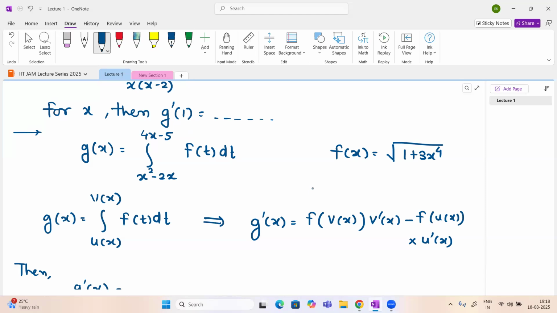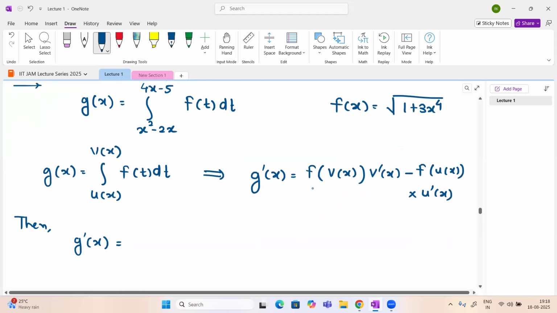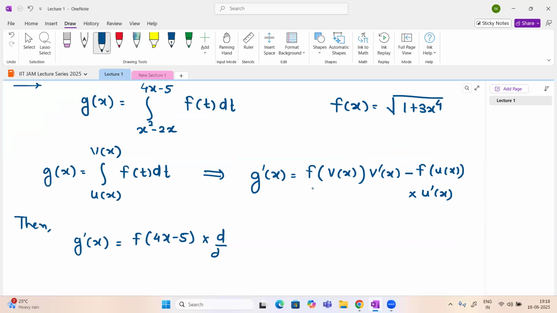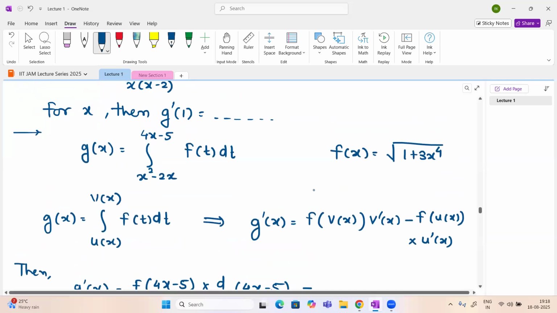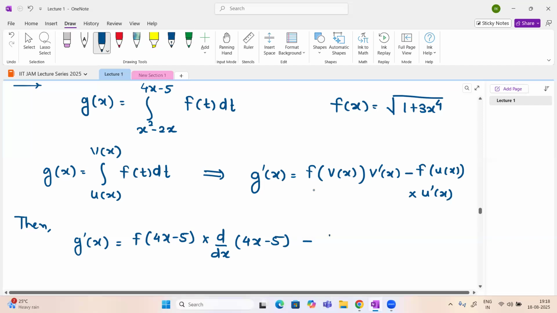But we are supposed to take its derivative after it, right? Into 4. Now it's the turn of the lower limit. I will put the lower limit in place of t. What will you get? F of x square minus 2x. And after that, we're supposed to take its derivative, right? Derivative of x square minus 2x.